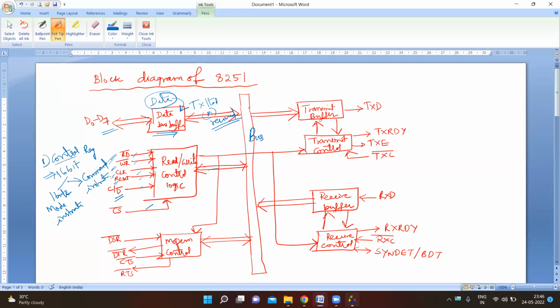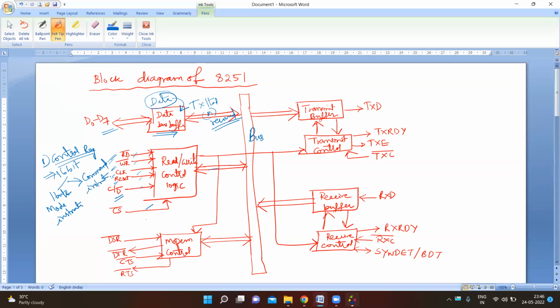Here the control register is a 16-bit register, a control word consisting of two independent bytes. The first byte is for mode instruction and the second byte is for command instruction. This register can be used as an output port when C by D bar is high.